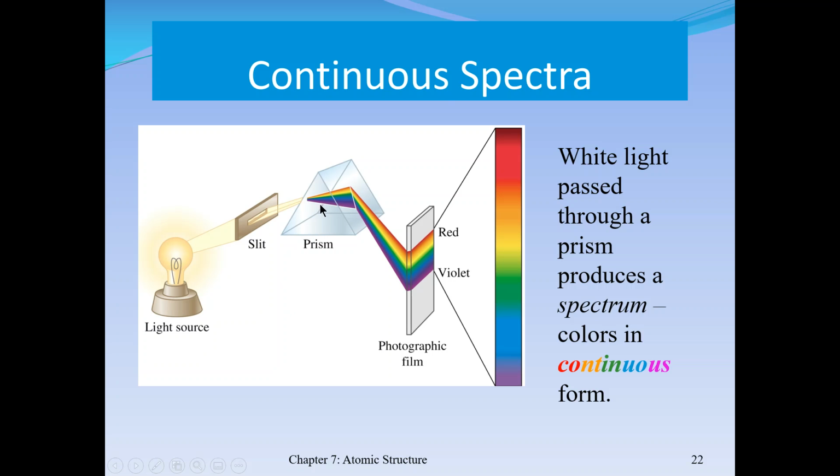And the effect that the prism will have on the white light is that it splits the white light into different colors, because what you may or may not know is that white light is actually a combination of the different colors of light: red, orange, yellow, etc., all the way down to violet. All right. So when the light passes through the prism, it undergoes something called refraction.